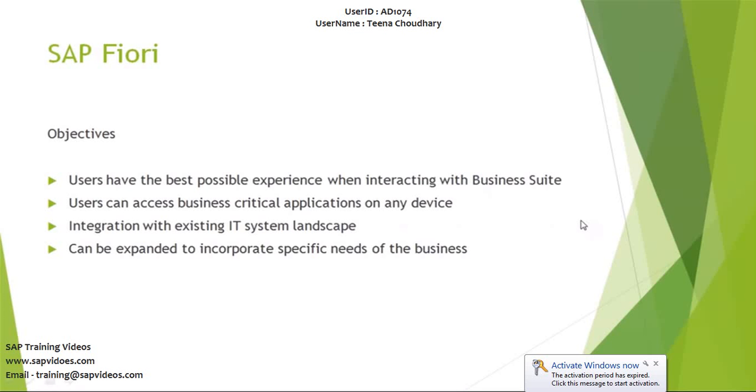We are working on this, just listen to me, boss. We have this sales order fulfillment. This is a Fiori cockpit. Similarly, you have three Fiori cockpits on MRP, material requirements planning.